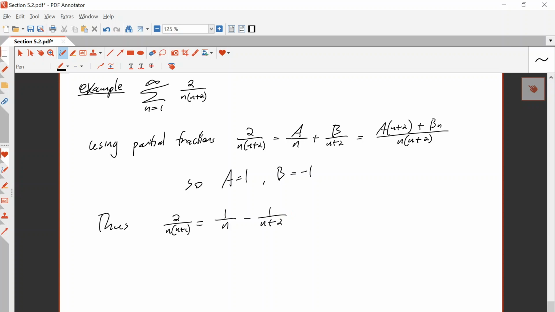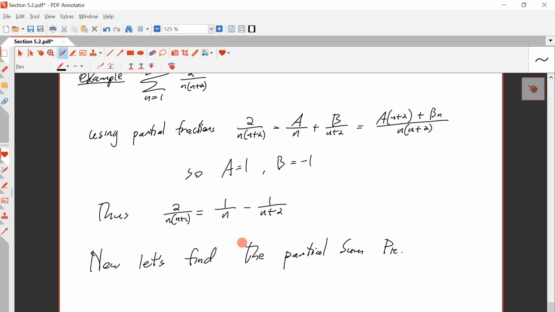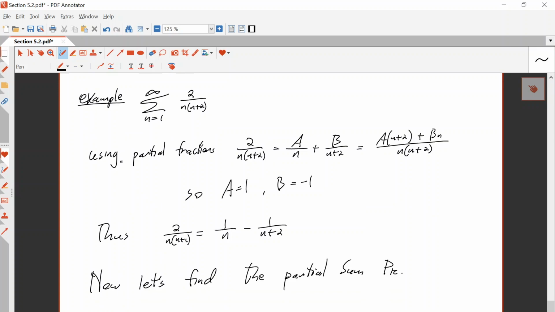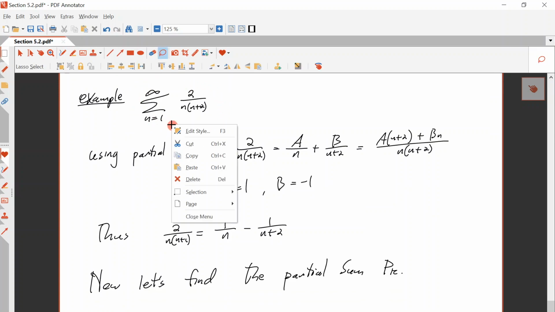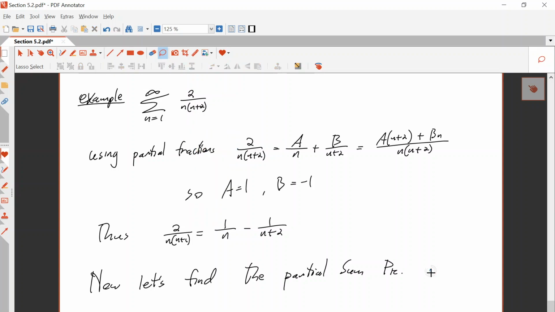So now, let's look at the partial sums. Let's find the partial sum, pk, for this infinite series. I'm going to need to refer to that, so let me put it here so I don't have to keep scrolling back and forth.